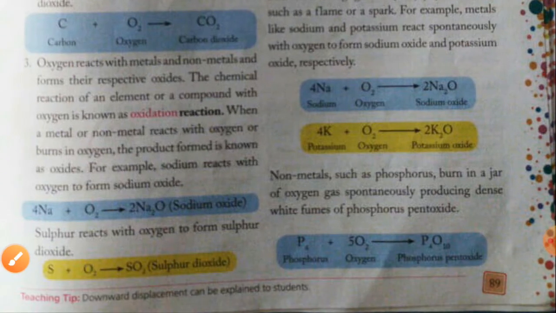This was the example of metals, and one non-metal also reacts very fast and shows spontaneous oxidation, that is phosphorus, P4.